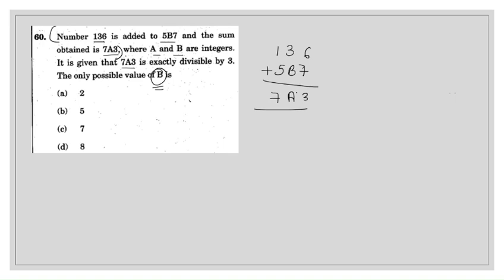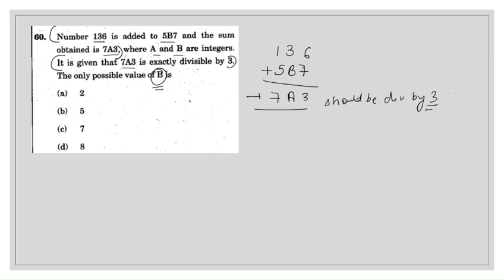Now they say that it is given that 7a3 is exactly divisible by 3, which means that this particular number, that is 7a3, should be divisible by 3.